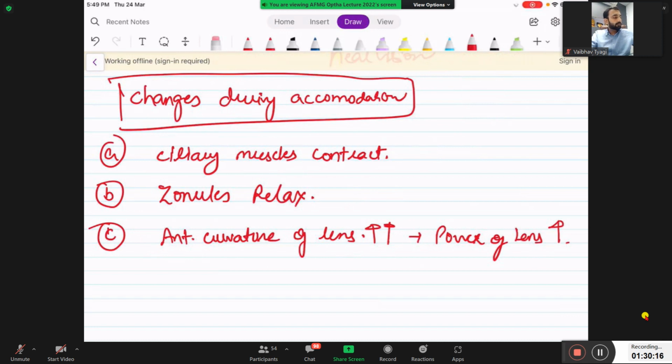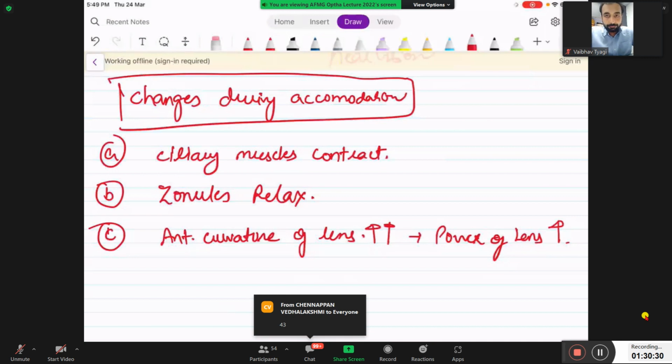We have discussed this. Total power of the eyeball was 60 diopters, right? What is the power of the lens? What is the power of the cornea?